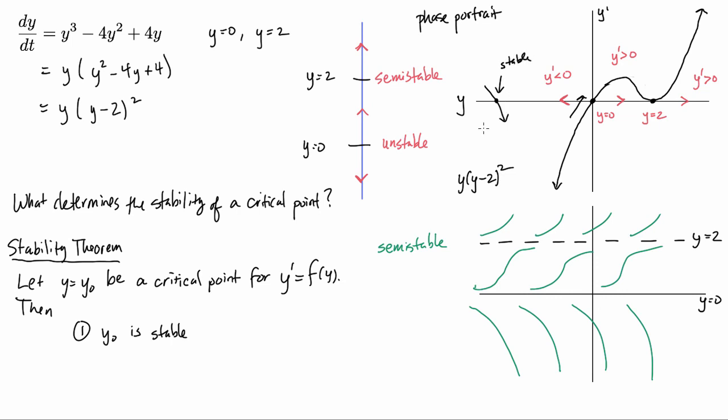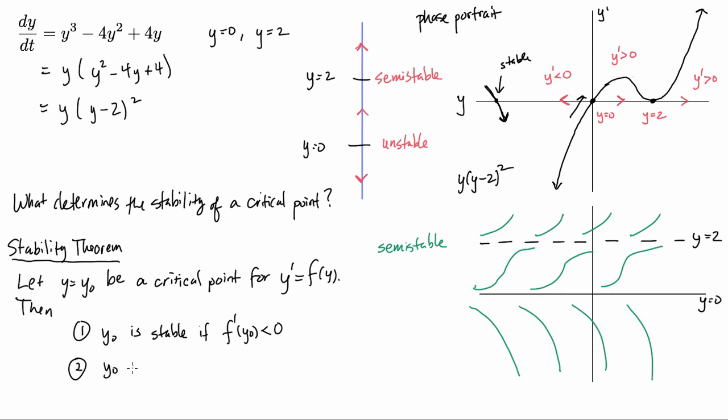So y naught is stable if the derivative of f evaluated at y naught is less than 0, meaning it travels through the critical point heading downward. So if your phase portrait travels through the critical point heading downward, or less than 0 based on the derivative there, it will be a stable critical point.